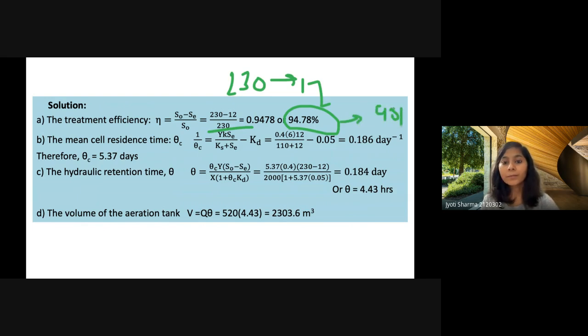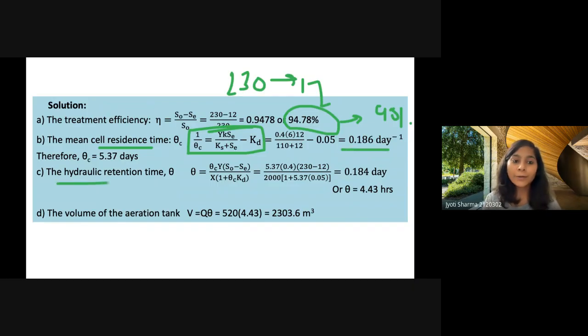Okay. Then you have mean residence time. We can calculate it using this formula, and each of these values is given. As I told you, mean residence time is how much time the microorganism will be in the system. So this will be this value. Then we also had hydraulic retention time, which is how much time wastewater will remain in the aeration tank.